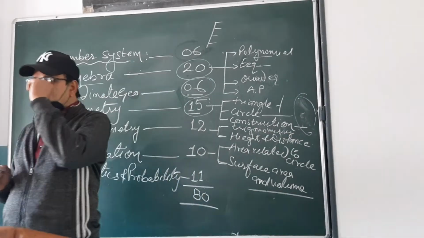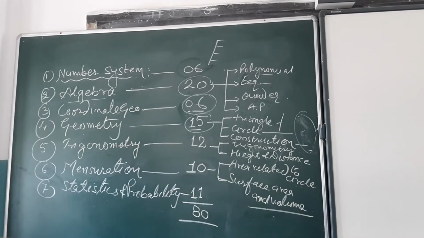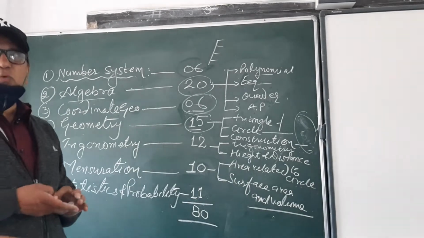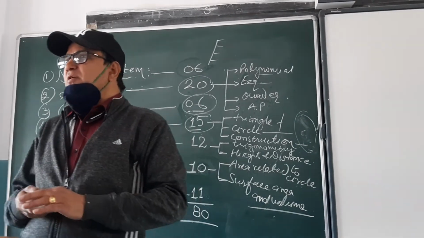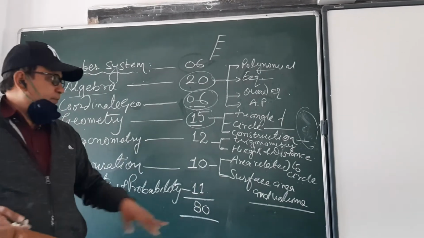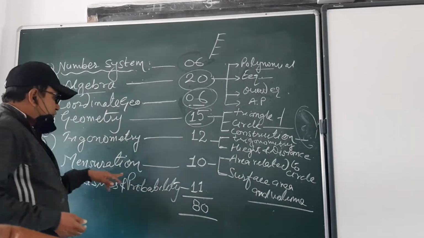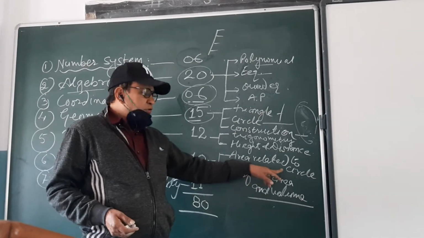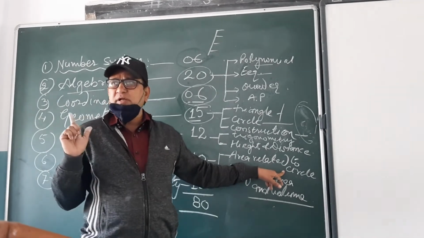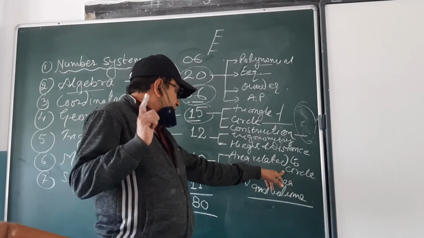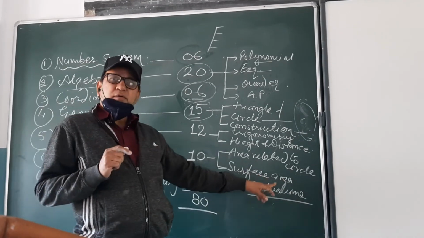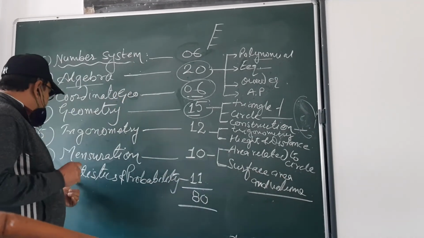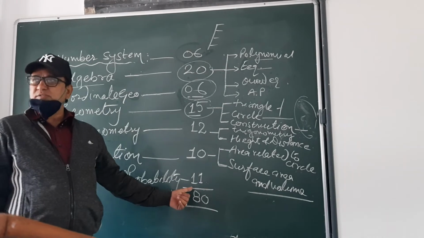Sin square theta plus cos square theta equals 1. Sec square theta minus tan square theta equals 1. Cosec square theta minus cot square theta equals 1. And then mensuration. Area related to circle will definitely come as a question in the examination. Area related to circle, surface area and volume, and then finally statistics and probability, that is 11 marks.